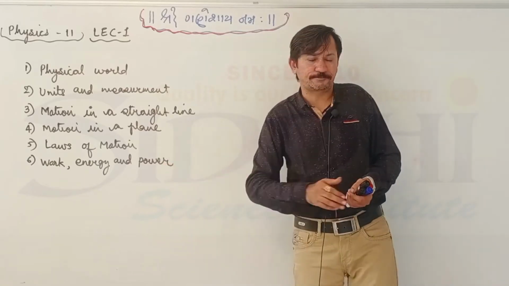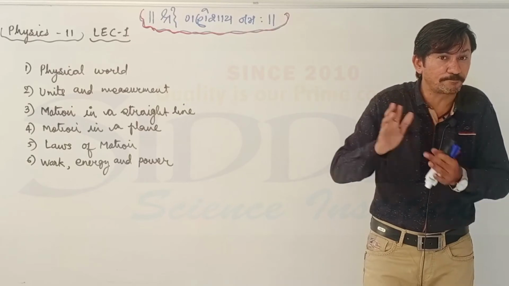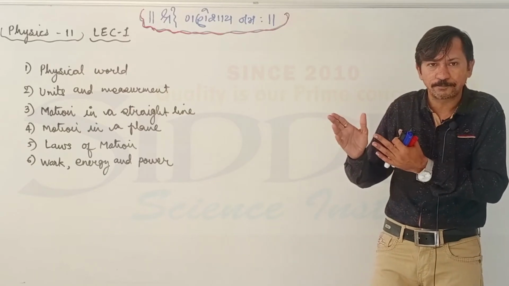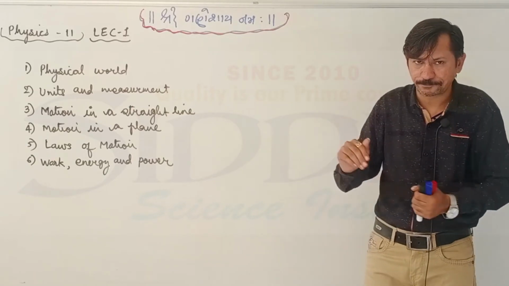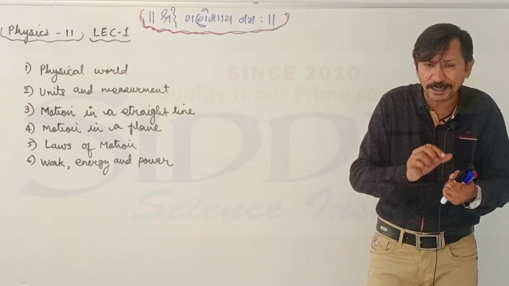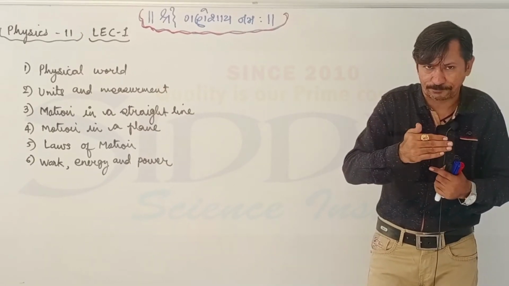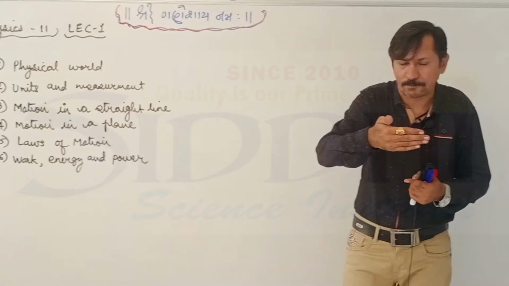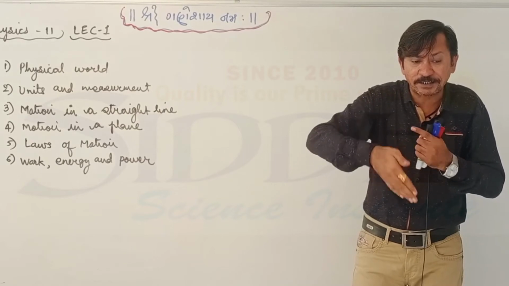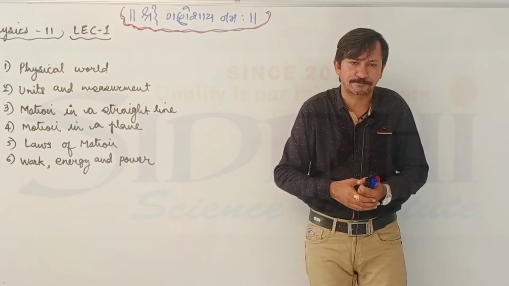Then power. This is not the power which we use for some people. My friend is very powerful. That's not power. In this chapter, the concept of power is related to energy. When the energy is transferred, when the work is done, power is measured as the rate, as the speed of transferring energy from one to another.